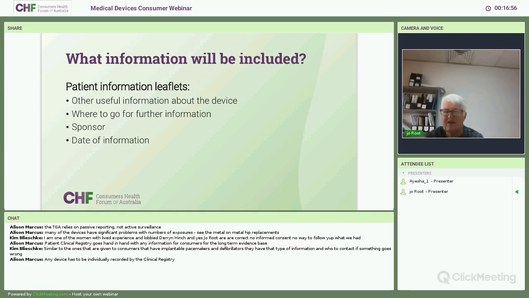I noticed there that Alison Marcus has said that we need to look at clinical registries. The problem is that not all devices fit into registries. We don't have registries for everything yet. We don't, for example, have a registry for mesh. And so if we have a registry, that's fine, but we don't have them for everything.